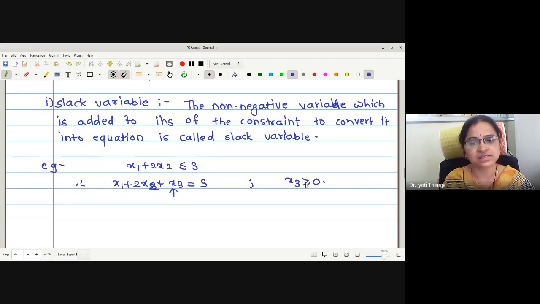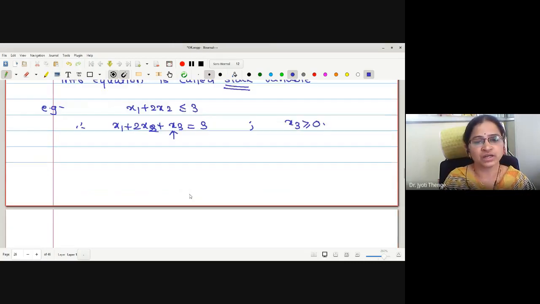What will happen if x3 is negative? The left hand side quantity will become still lesser, and it cannot become a strict equation. Therefore, whatever amount is lacking on the left hand side, we have to fill up. To fill up the gap is why it is called the slack variable. Understood? This is the method we use to convert a less than or equal to inequality to a strict equation.